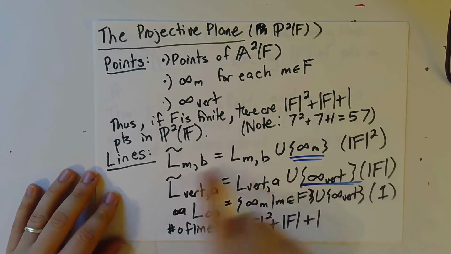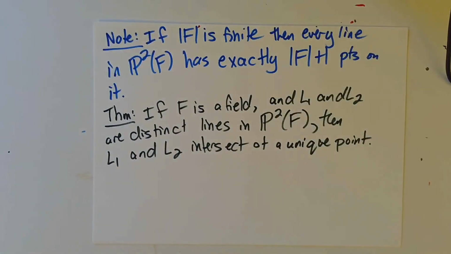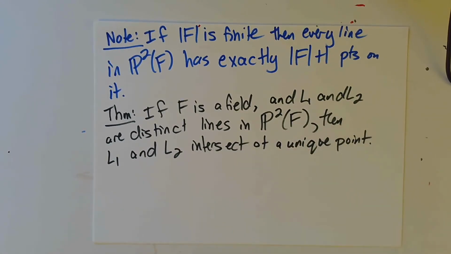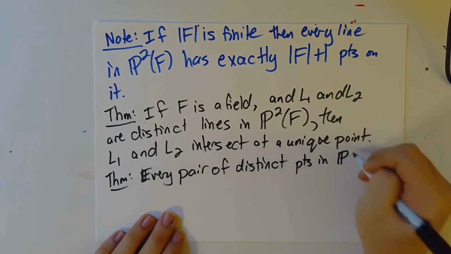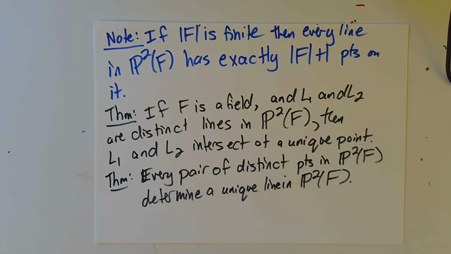But I very literally just added this point for no other reason than for them to intersect there. So this theorem is basically automatic as a consequence of the theorem that we proved for the affine plane. We just took the affine plane, jazzed it up a bit, and then we're there. Also, I won't prove this, but it's true, that every pair of distinct points in P2F lie on a unique line in P2F. Okay, so in this sense, this really is like geometry. We have pairs of points determining lines, and so on and so forth.